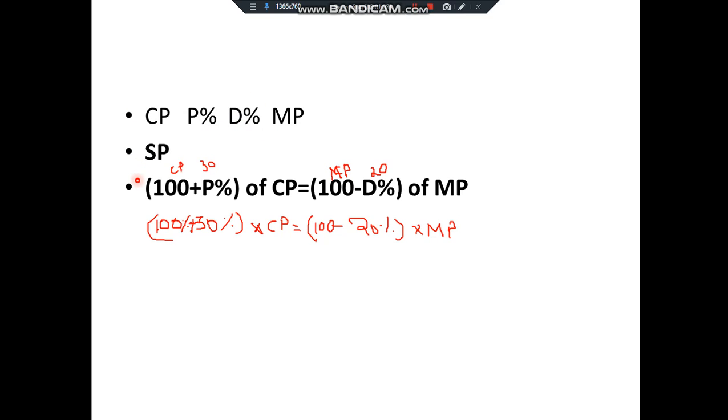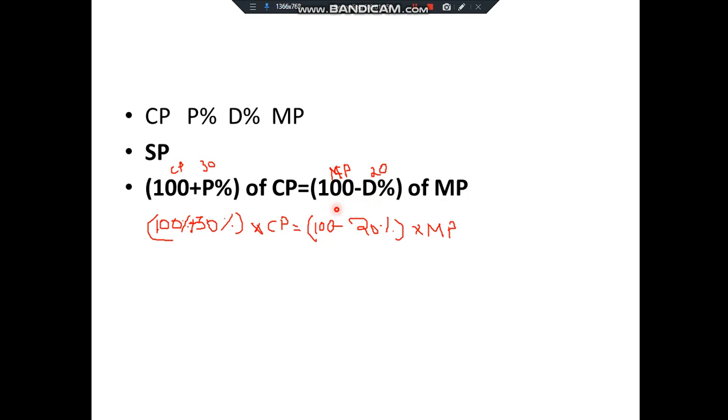Always cost price we keep as 100%, right? So let us consider the profit percentage is 30%. So what is SP? 130% of cost price, right? Similarly, consider the discount percentage is equal to 20%. So how will we find selling price? 100% is marked price.